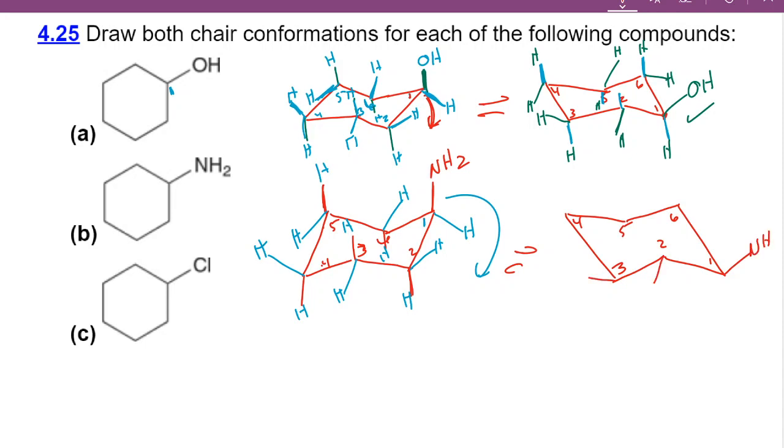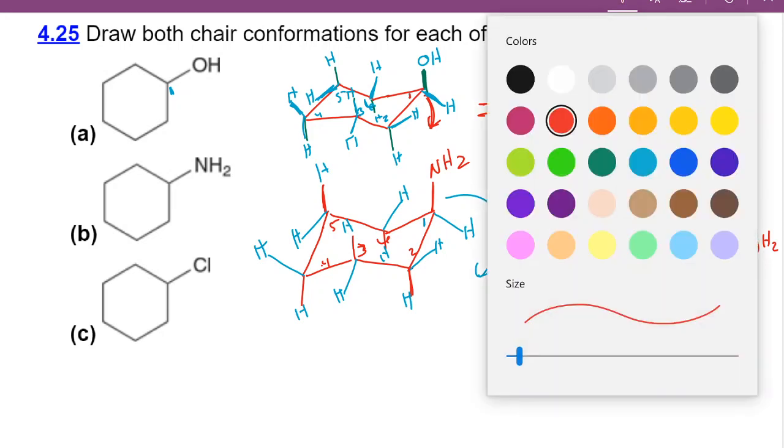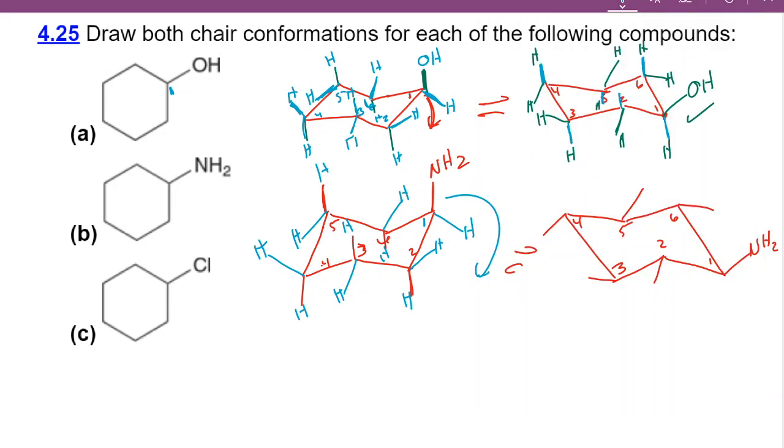So we're going to have up, down, up, down, up, down for the equatorials. Now the axials are going to be down, up, down, up, down, up. So everything that was axial up is now equatorial up. Everything that was equatorial up is now axial up. Everything that was axial down is now equatorial down. Everything that was equatorial down is now axial down.